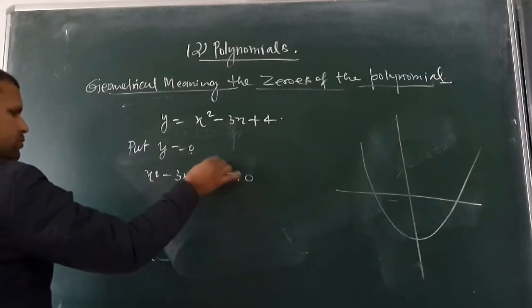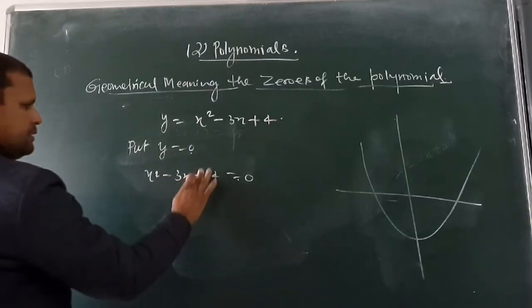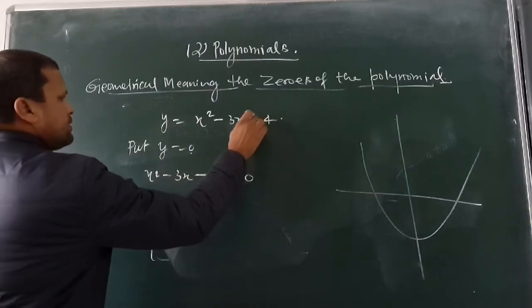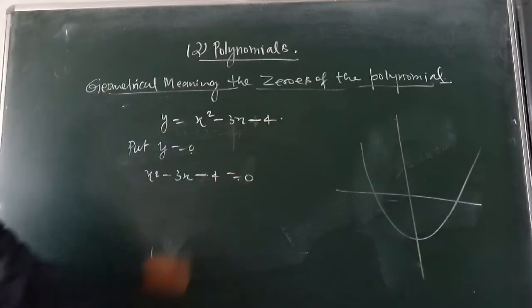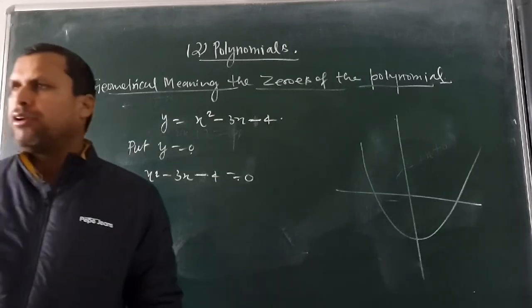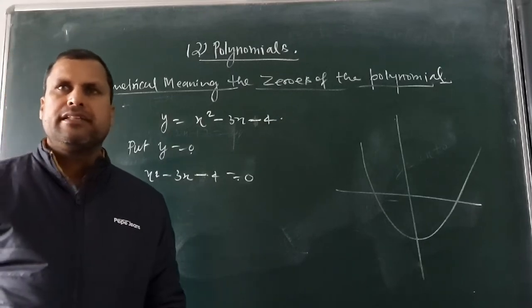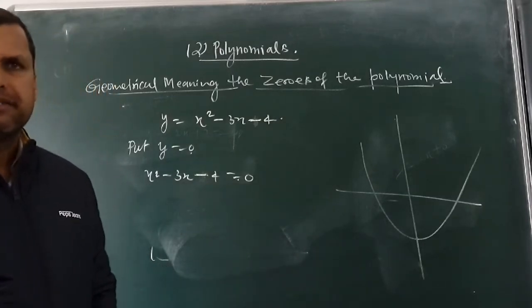Now factorize it. Split up the 4 in two parts such that their difference is 3.